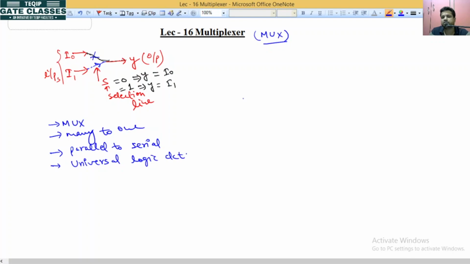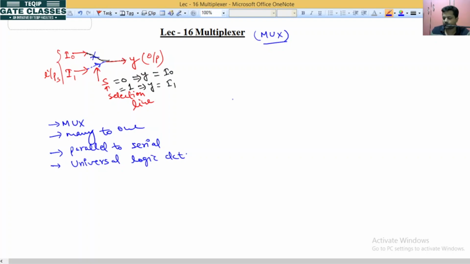Why is it called a universal logic circuit? Because using a MUX, you can implement any boolean expression of the universe. Okay? MUX का यूज करके आप यूनिवर्स का कोई भी boolean function you can easily implement.